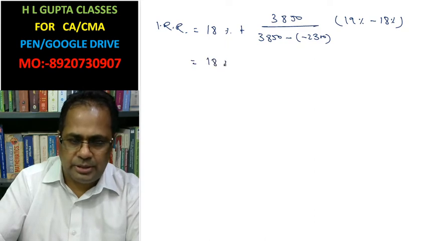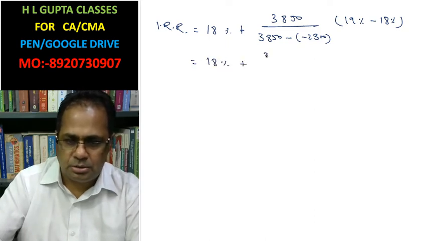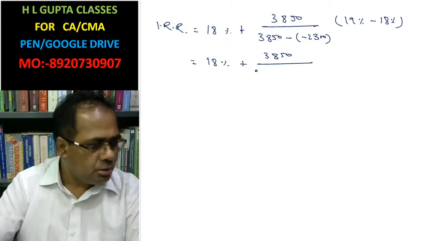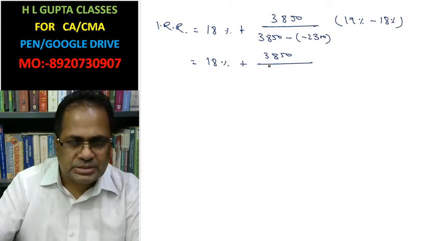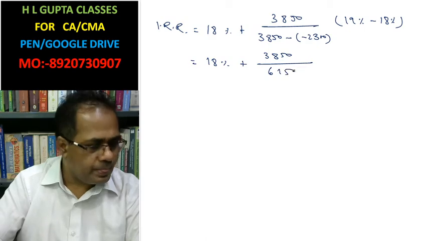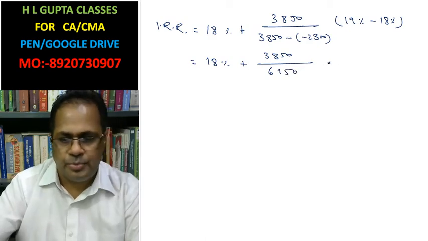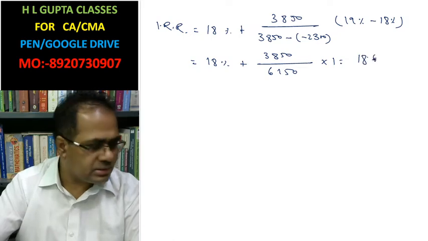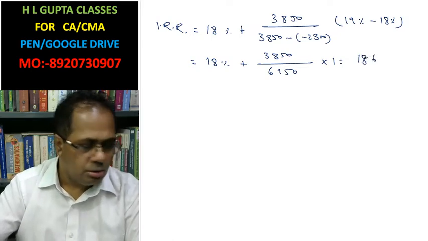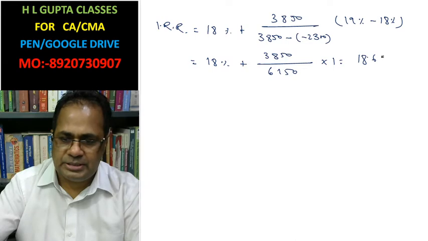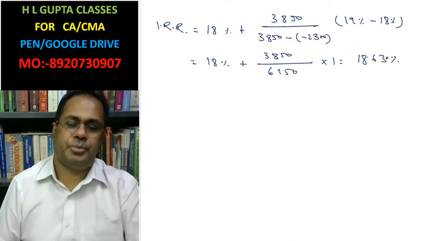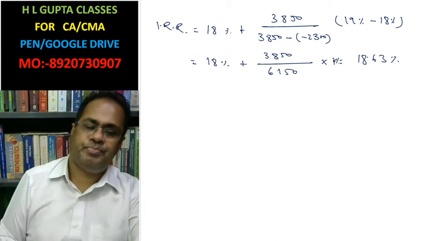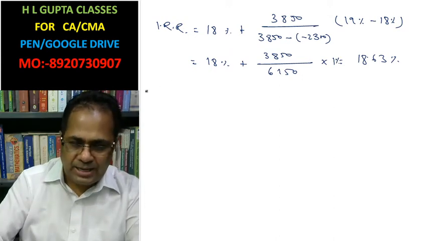This is 18% plus 3850 divided by 6150 into 1, which equals 18.63%. This is your percent. Okay. Now, what is the answer of B part?